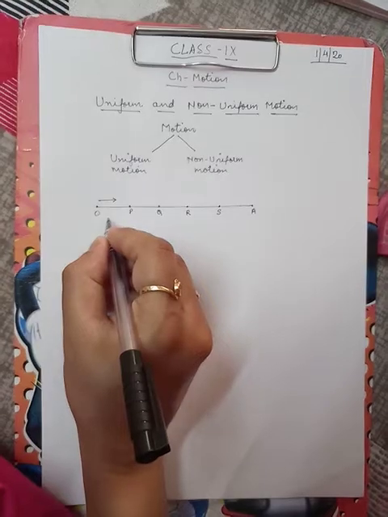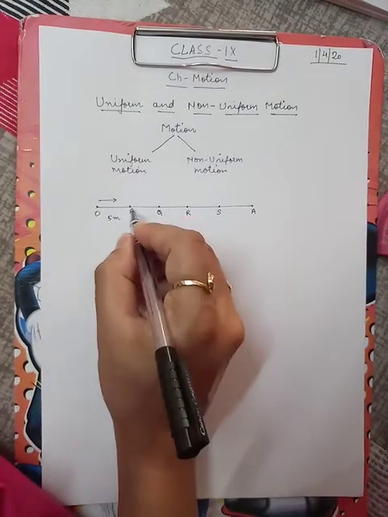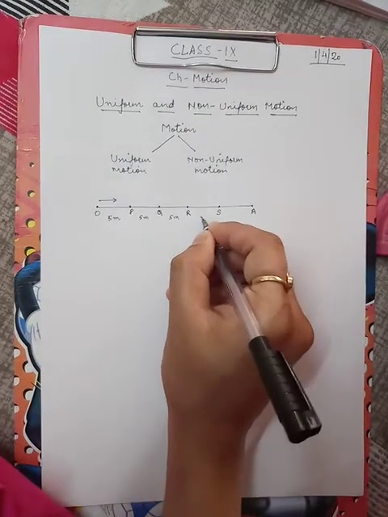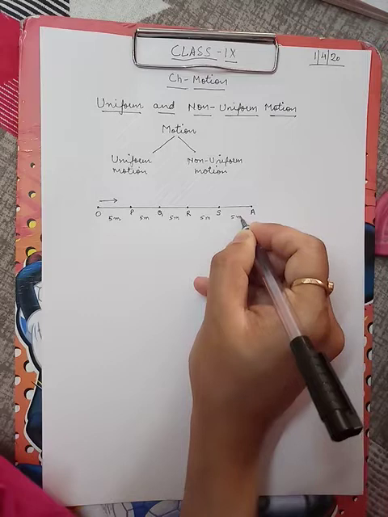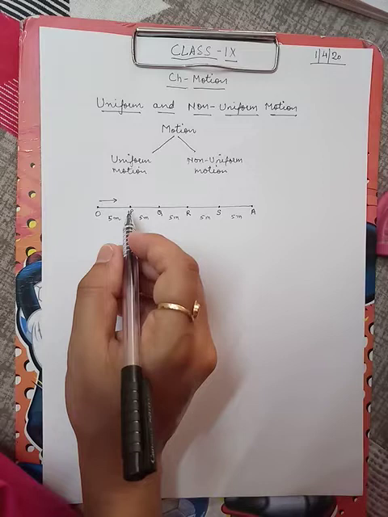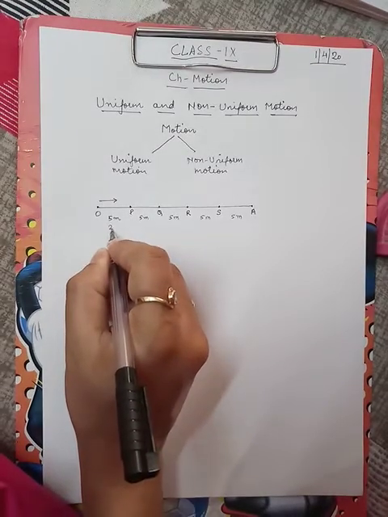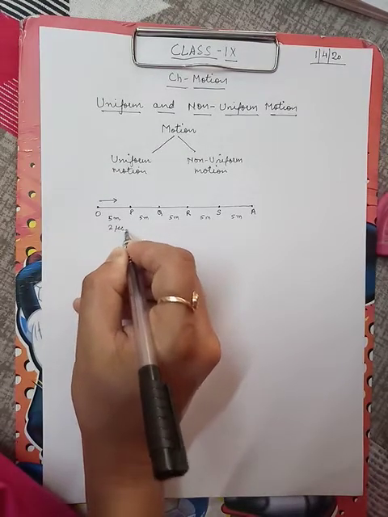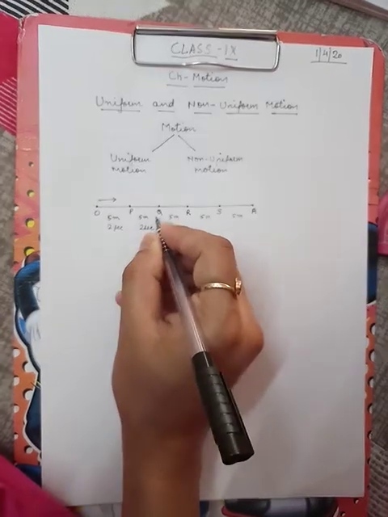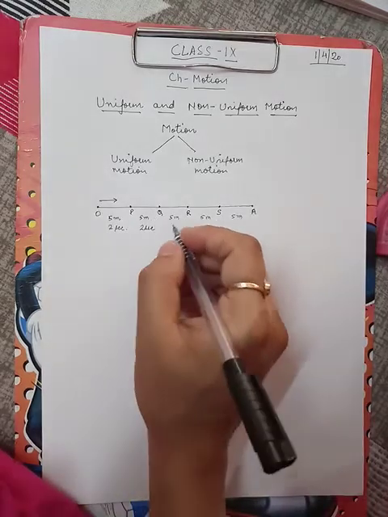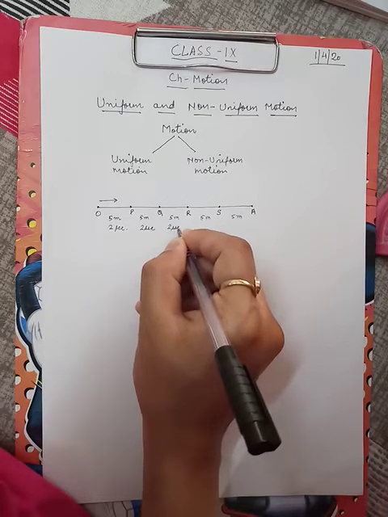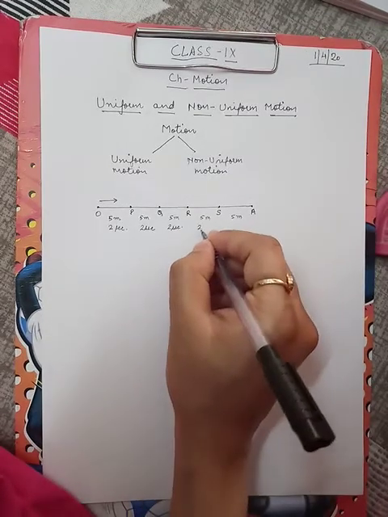Suppose this distance is 5 meters and this distance is also 5 meters. These are all equal distances, right? And this distance is covered in a time interval of suppose 2 seconds, and in the next 2 seconds the next 5 meters is covered, and in the next 2 seconds the next 5 meter distance is covered, like this.